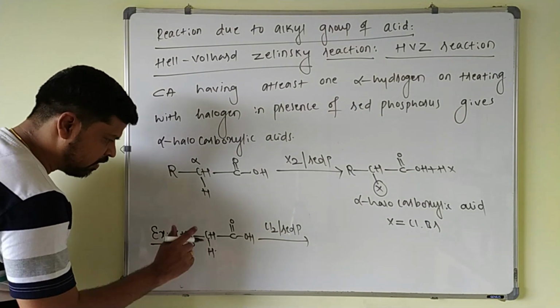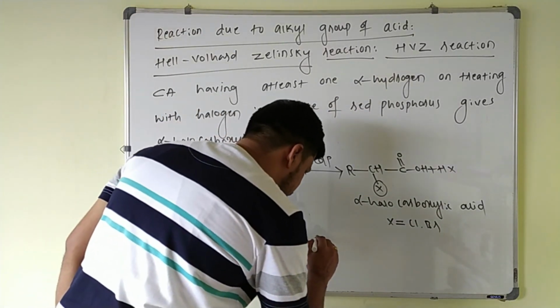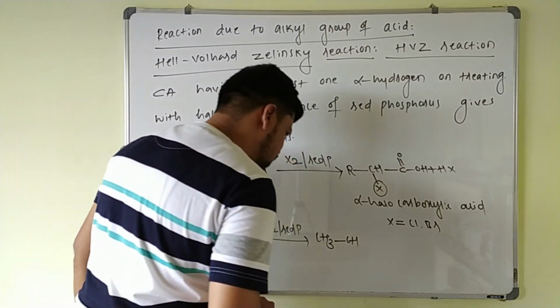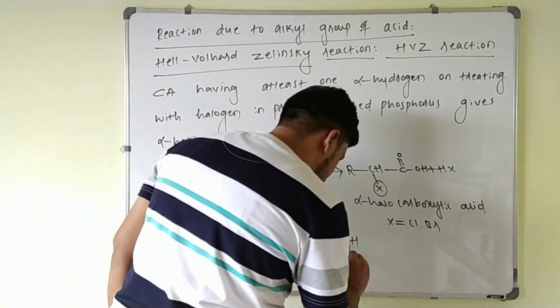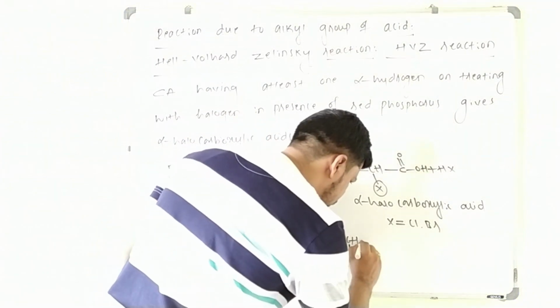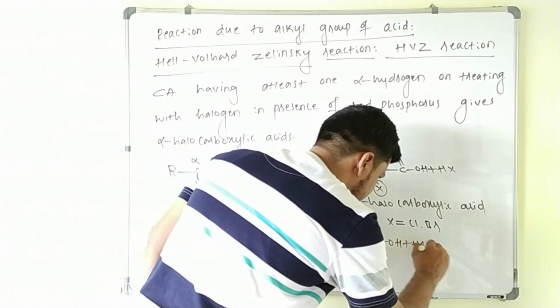This alpha hydrogen will be replaced by one chlorine atom. So this is CH3CHCl, here you will get one chlorine attached here, plus COOH, plus you will get HCl.